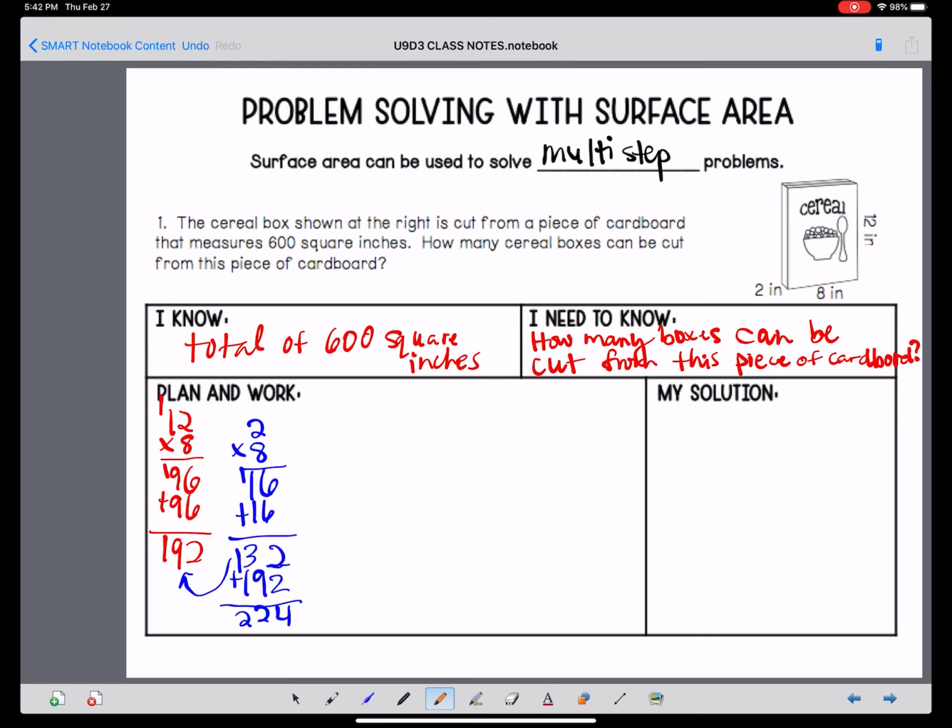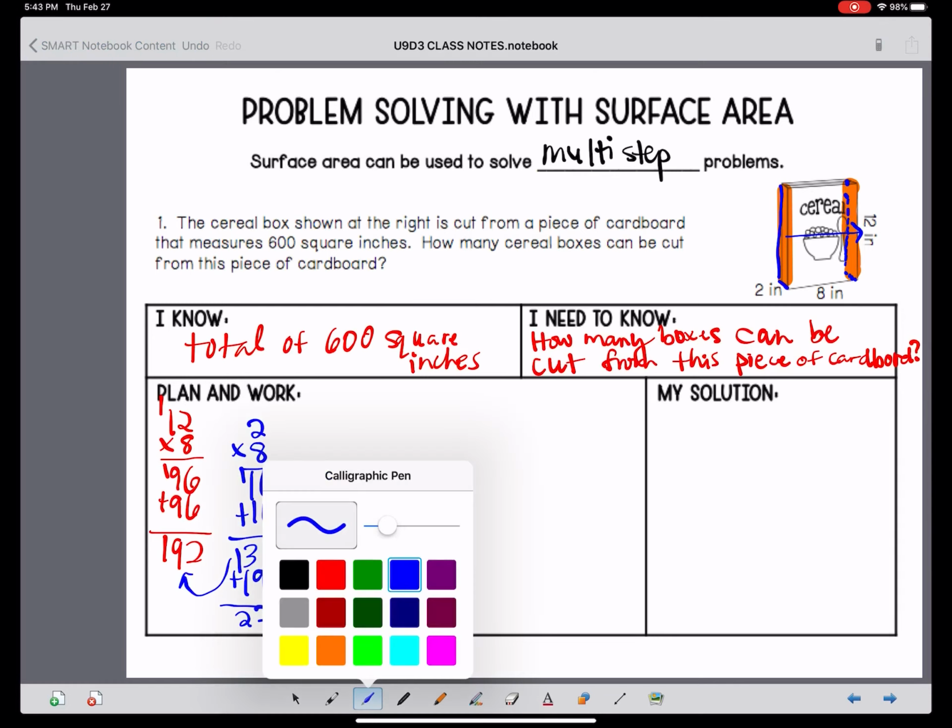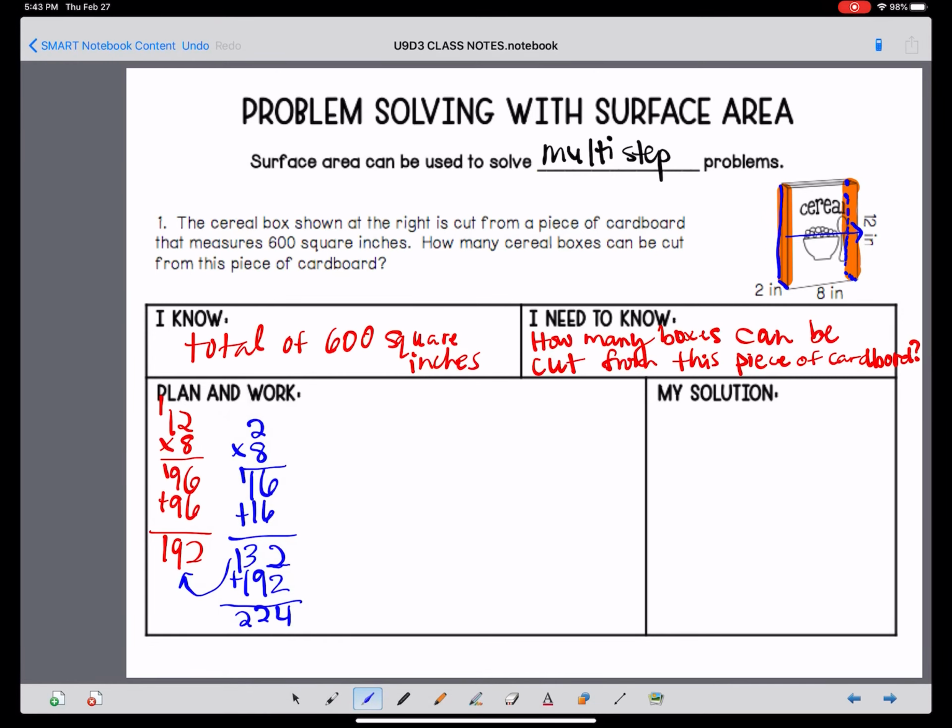All right, so this side panel on the left and this side panel on the right that you can't see at this angle, so you'll just have to use your imagination. Kind of draw it in there for you. We're just going to do the base, which is 2 inches, times the height of the cereal box, which if I look over here, tells me the height is 12. 2 times 12, that is 24.